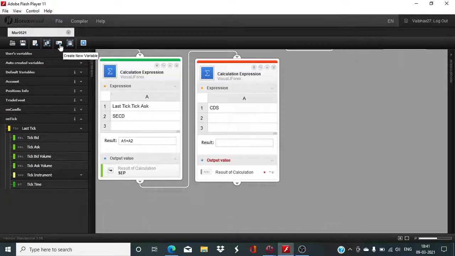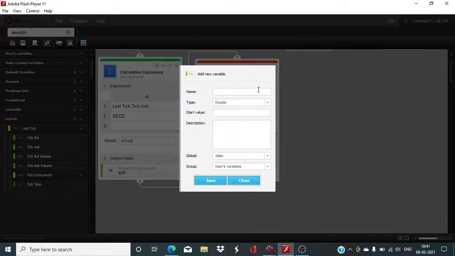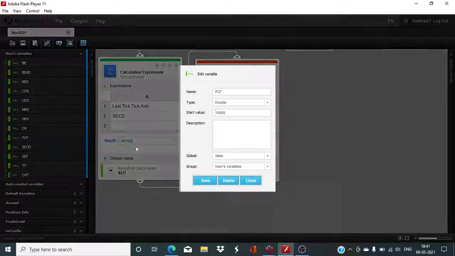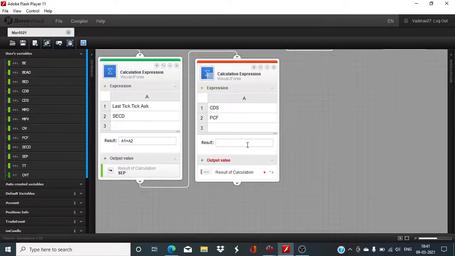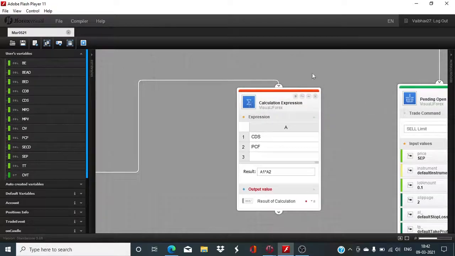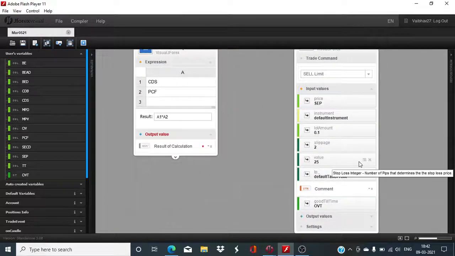So this is the sell side candle difference, and we will multiply it by the pip conversion factor. Since the default instrument for this session is Euro USD, we will have to use 10 raised to the power 4, as Euro USD has 4 decimal points in its price. To change the double data type to integer, I will have to multiply it by the pip conversion factor, which is 10k. This is the variable a1 into a2, and this will be the sell side stop loss.